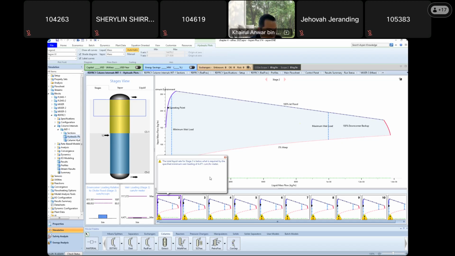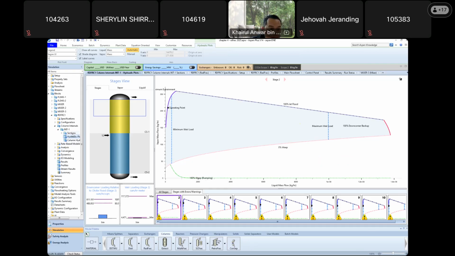So it will be an exercise for the user to manipulate tray parameters like tray type, bubble cap versus sieve, downcomer length, weir height, tray diameter, and tray spacing. Figure 4.24 shows where to make the changes such that you end up with zero warnings.